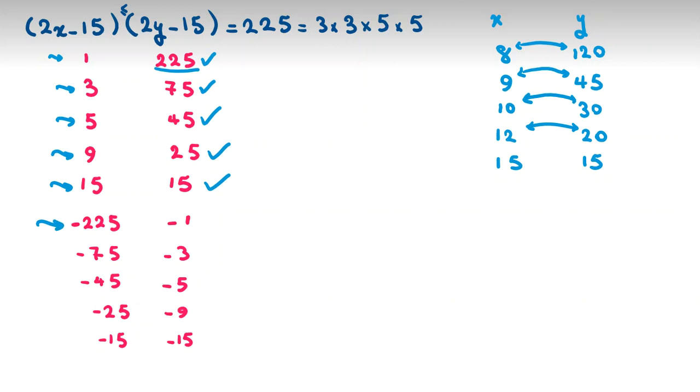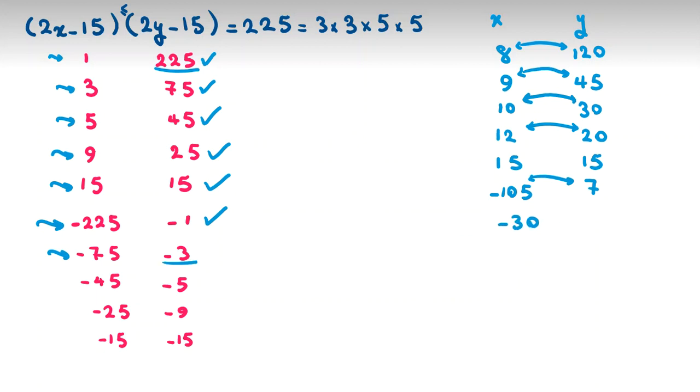This one. Negative 225 plus 15 will be negative 210, which over 2 will be negative 105. Negative 1 plus 15, 14 over 2, 7. And you can switch. This one. Negative 75 plus 15, negative 60 over 2, negative 30.